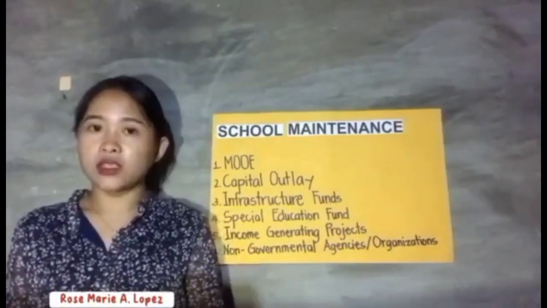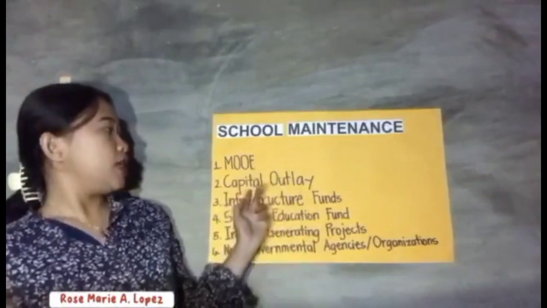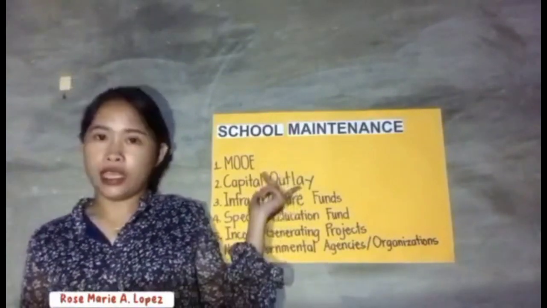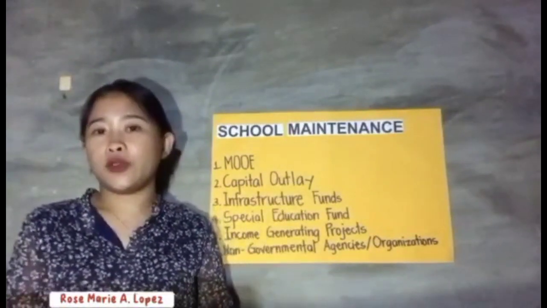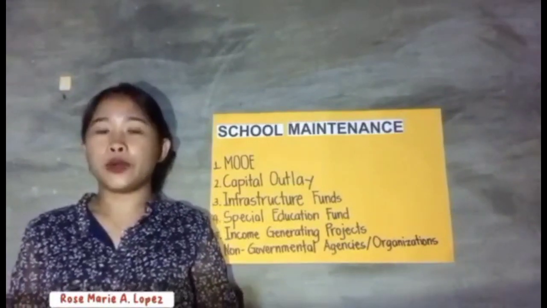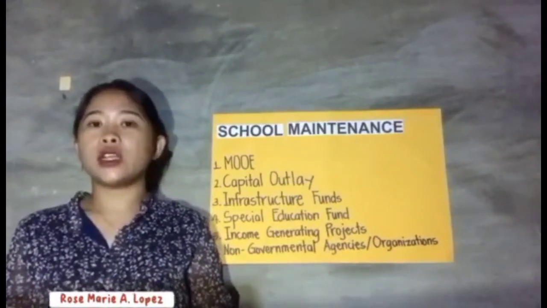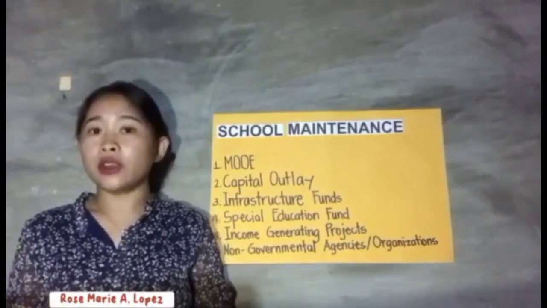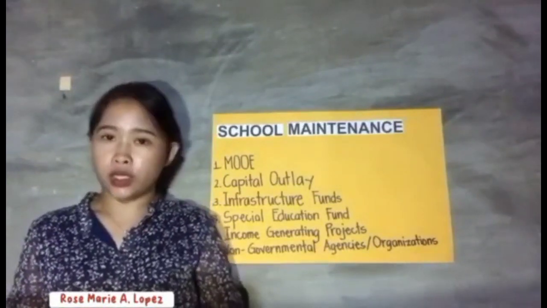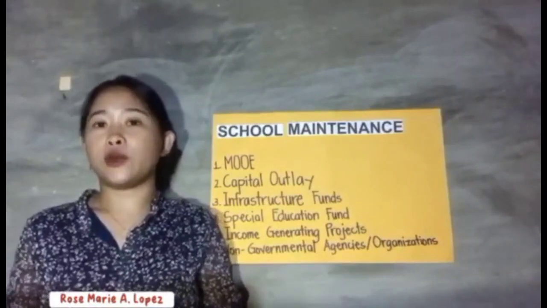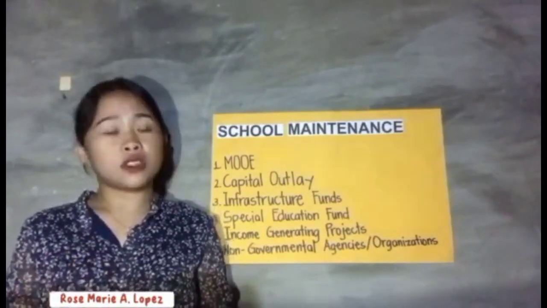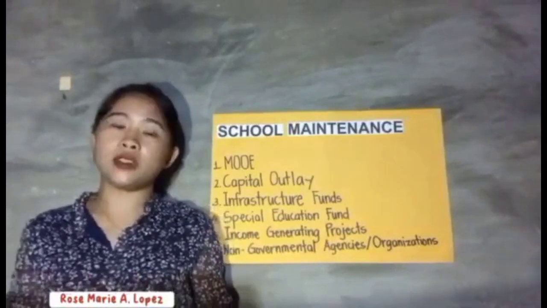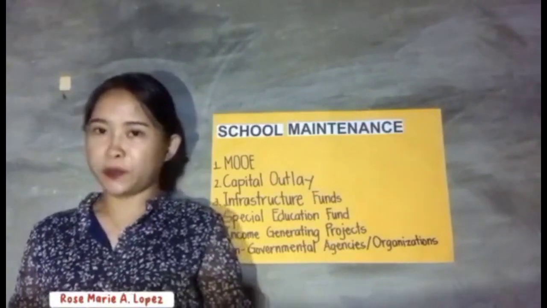So the number two is the capital outlay. It refers to the provisions of the General Appropriations Act, particularly those pertaining to the budget of the DepEd for elementary and secondary education, for the acquisition and improvement of sites, the construction, replacement, and the rehabilitation.